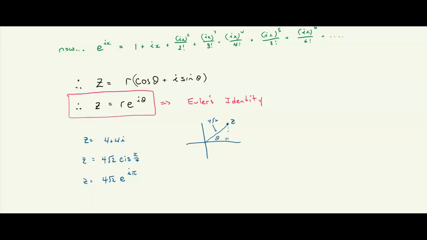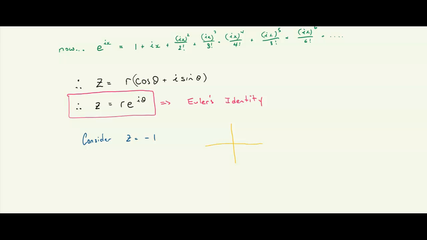So what does all this mean? Okay, I'll just get rid of all this. Just like we did there, let's have a look at another specific complex number. Let's consider z equals -1. Let's look at -1, that position on the Argand diagram. It's just over here.